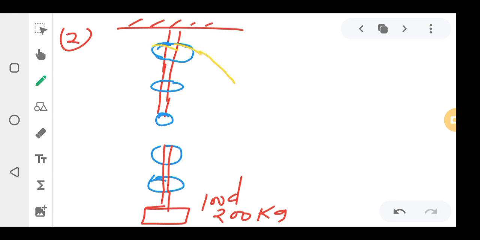This one comes straight, it goes like this, and then comes down, so it attaches itself to this first one, goes like this, and then goes straight like this. Okay, so it goes like this, like this, like this, and then attaches itself to this second one, and then goes like this, like that.